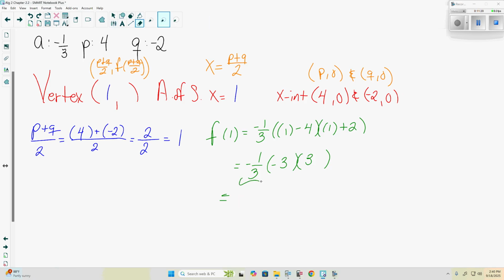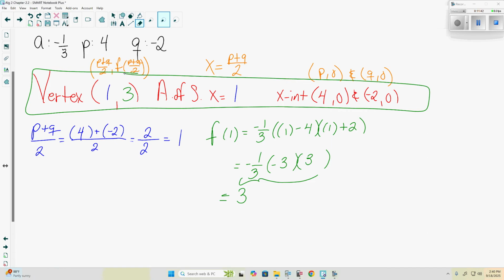And if we multiplied all this together, negative 1/3 times negative 3, well, the negative and negative would make the positive. And 1/3 times 3 is 1, 3 over 3, and 1 times 3 is 3. So we have the vertex as 1, 3, axis of symmetry x equals 1, and our x-intercepts are the points 4, 0, and negative 2, 0.